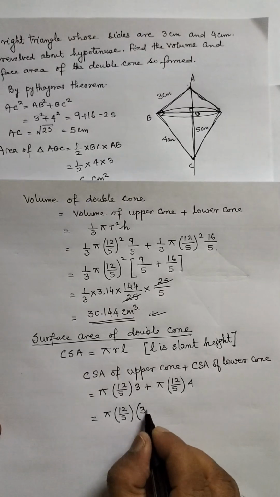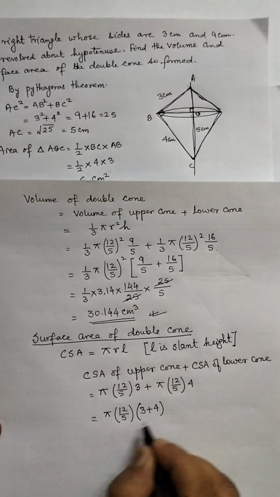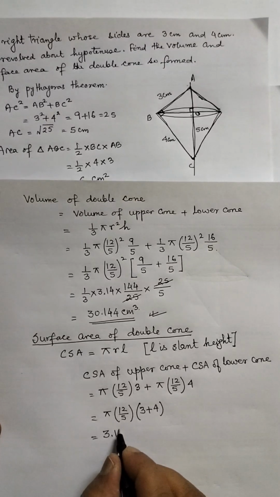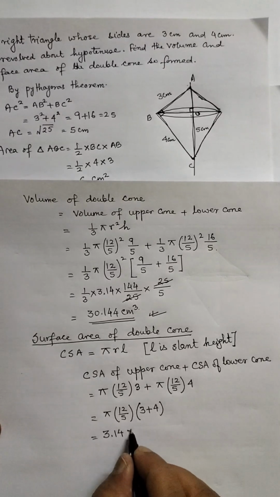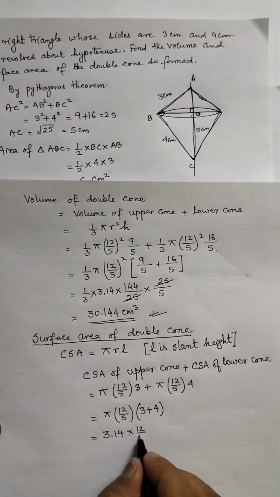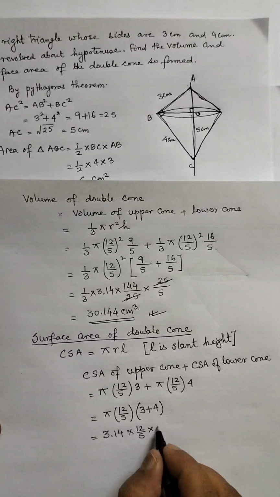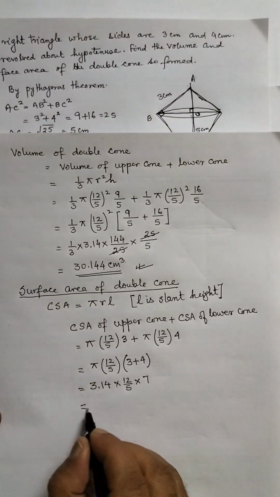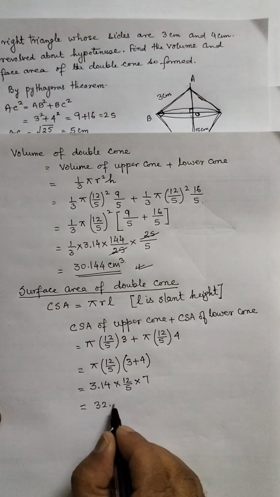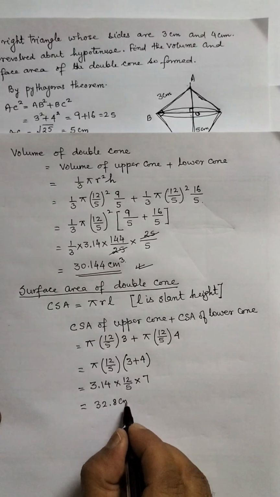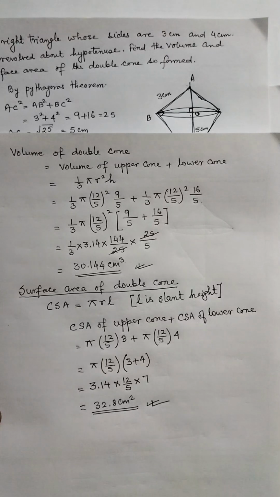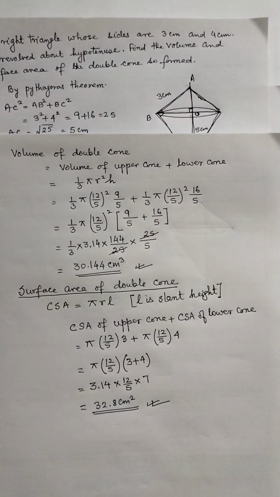We are left with 3 plus 4, and putting the value of π, 3.14 times 12/5 times 7, and on solving it, we will get 32.8 square centimeter. This is our final answer, which is the surface area of the double cone.